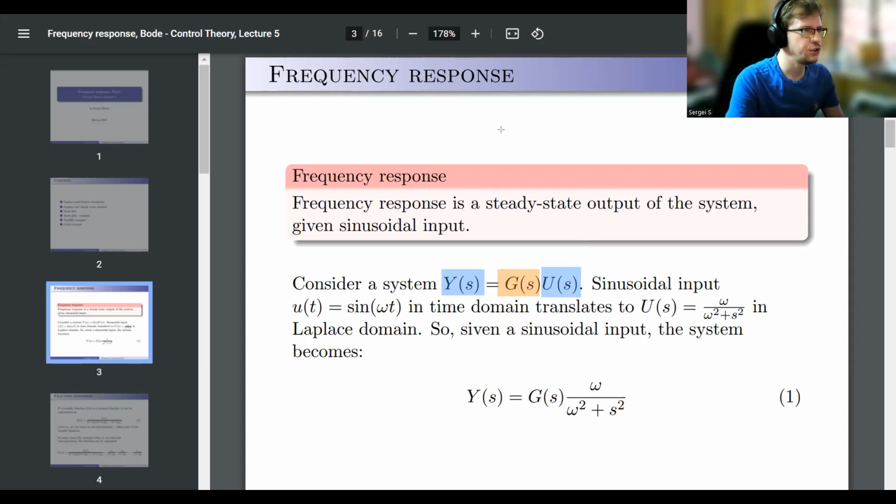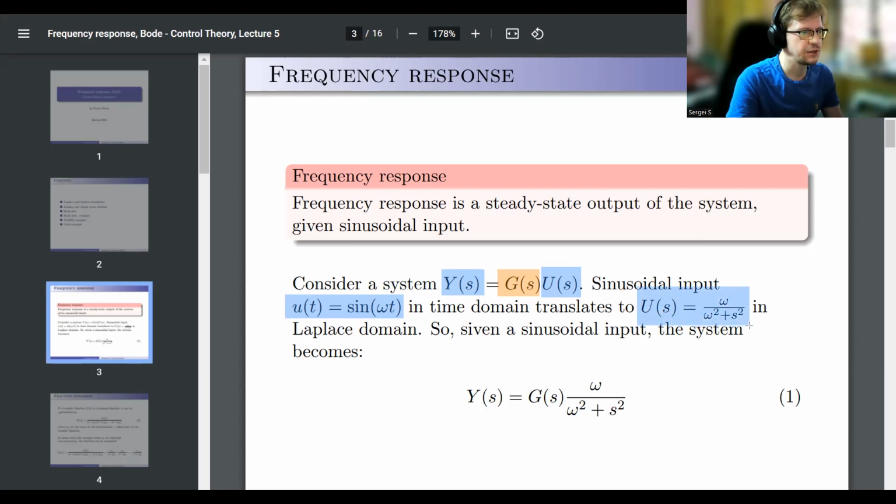Now, a sinusoidal input, something like this: u of t is equal to sine omega t, a sinusoid with frequency omega in the time domain, can be transformed to the Laplace domain. Remember, we use a convolutional integral for that. Use this integral form.